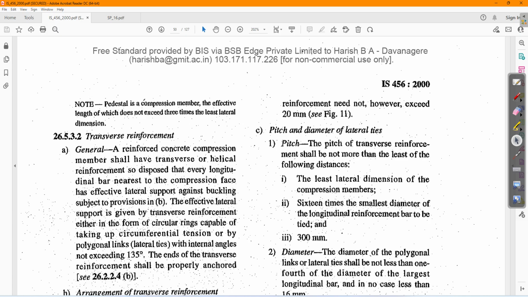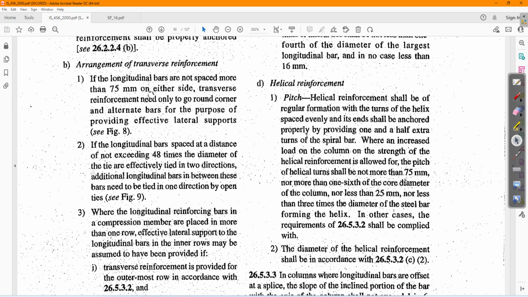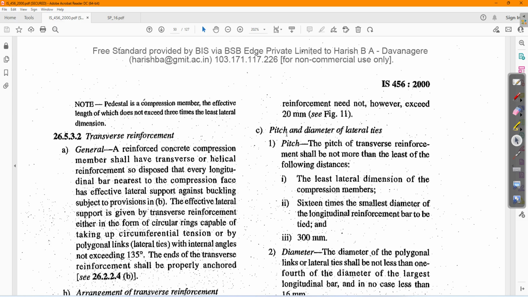See here. Pitch and the diameter of lateral ties. First we shall check the diameter.